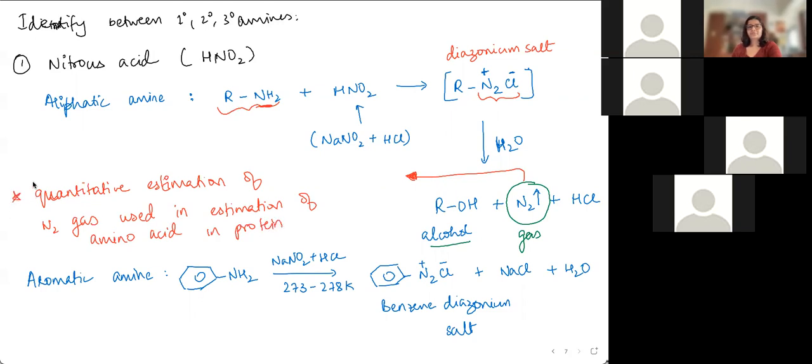Just make a note of this. So you treat primary amines, aliphatic primary amines, with nitrous acid and you end up getting nitrogen gas being released. On hydrolysis you end up getting phenol and nitrogen gas being released.